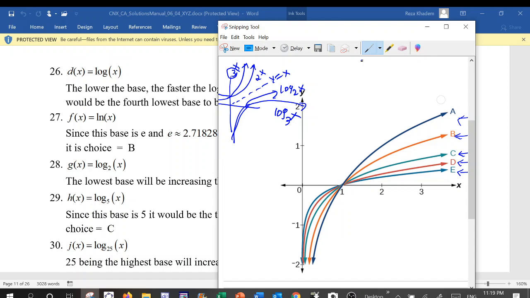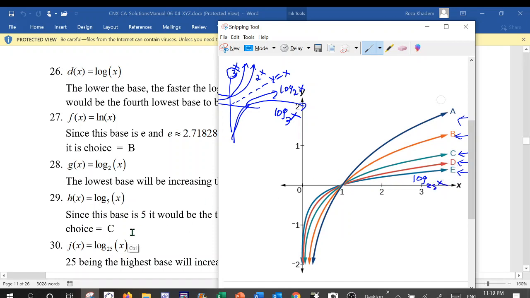So we can see that this one right here is the one that is biggest. So it would be 25. That bottom one would be log base 25, right?